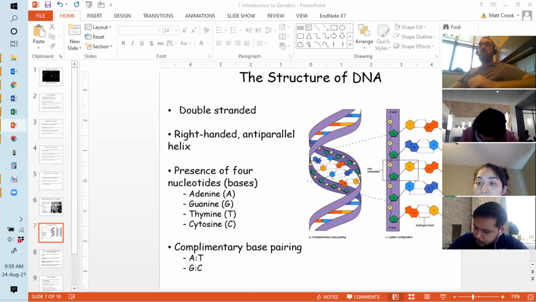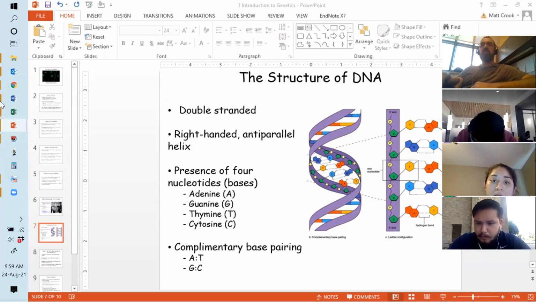So regions where you need to open up DNA, what would you expect to find more of? A's and T's or G's and C's? Right, A's and T's.